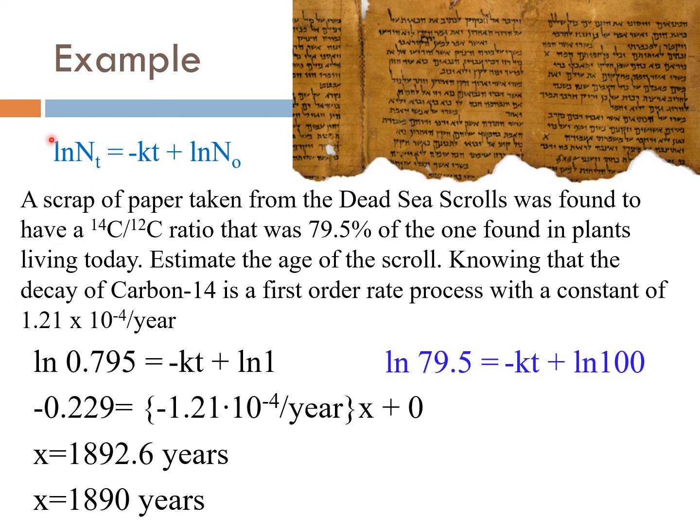So in this equation you need the k, the constant that's given in the problem, and the units are years to the -1. And then you need to figure out how much you have at time t and how much you had at the beginning. So the beginning we take as reference, so it's 100, and at time t we know that we have 79.5. So that's what was measured. That's a measurement. So we have 3 sig fig.